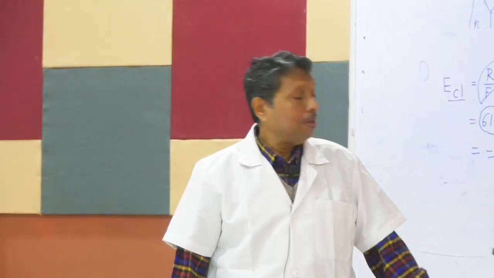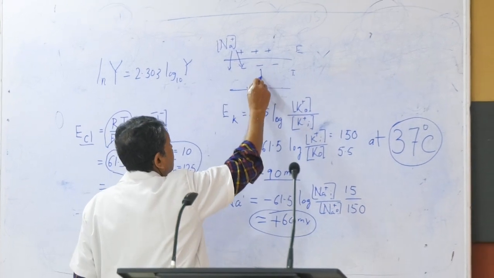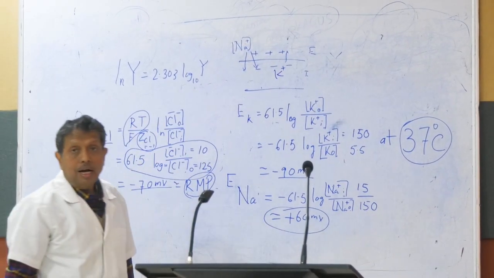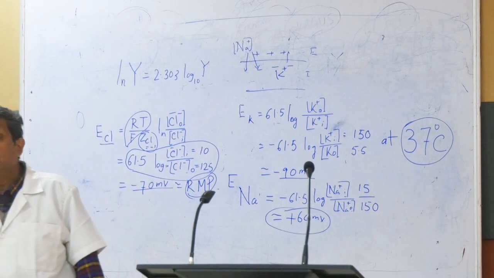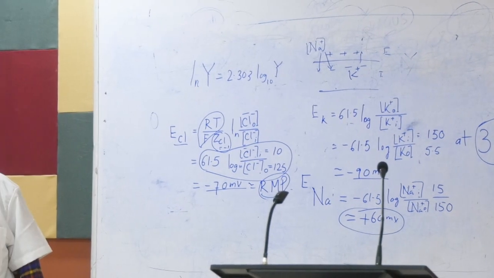And chloride ion and potassium ion will go in the other direction. Ultimately, the potential should disappear with time. But it does not. It is maintained at that level by the sodium potassium pump.